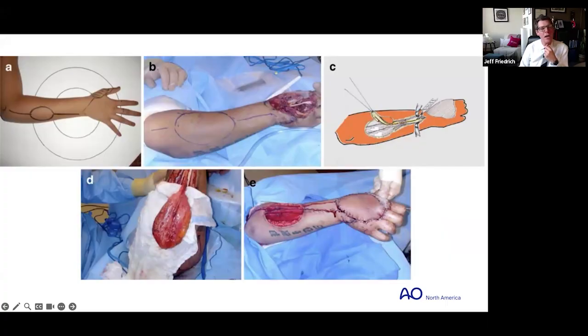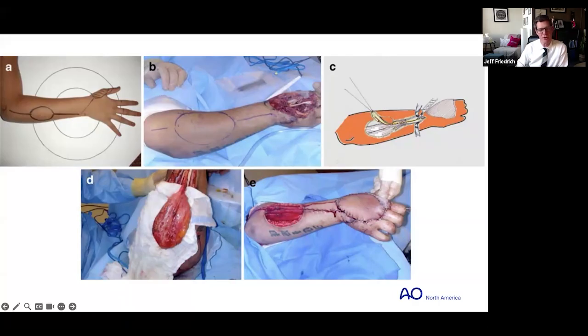Yeah, I like this flap a lot. I use it quite a bit, particularly for the first web space, particularly for our firework injuries that have a big gaping first web space. I have been reluctant to take those more proximal perforators, in part because they also seem to be somewhat entangled with the motor branches to the ECU muscle, the nerve branches, and I've been reluctant to want to disentangle that.